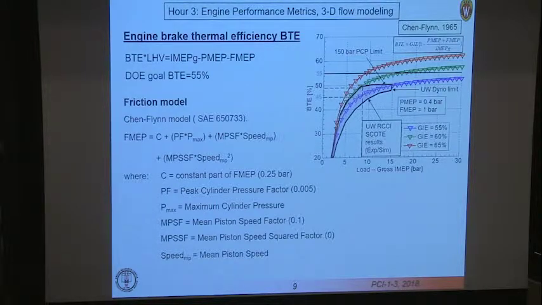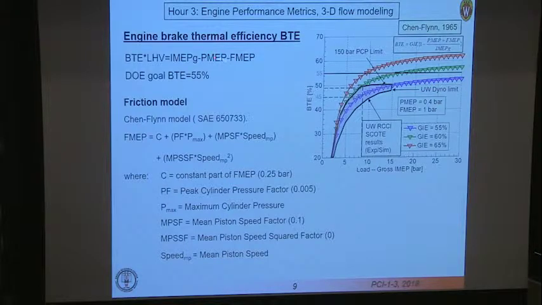And when you're all said and done, the parameter that's of most interest is the brake thermal efficiency. Brake thermal efficiency, you can show, times the lower heating value, is the indicated mean effective pressure, the gross value, minus the pumping mean effective pressure, minus the friction mean effective pressure.